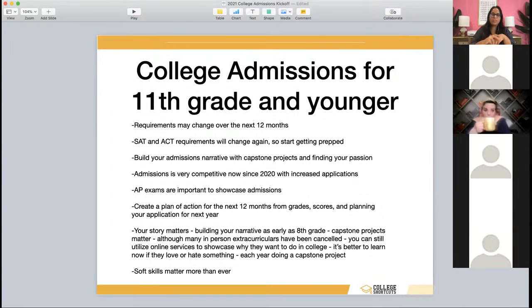Big thing to remember is to build your admissions narrative and make sure to find your capstone project and find your passion. Through these next years, they're still expecting students to figure out what their major is. They still want people to figure out what they want to do. They want to showcase that each year with different projects.